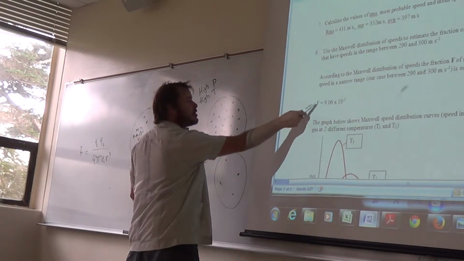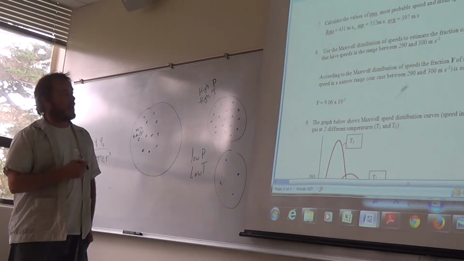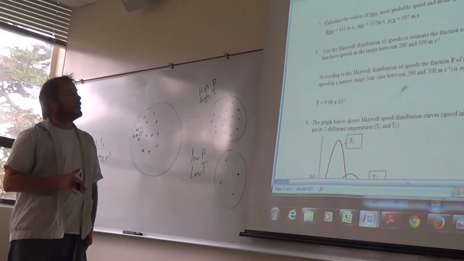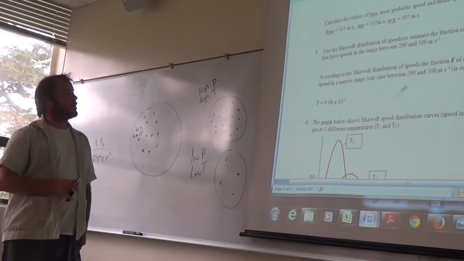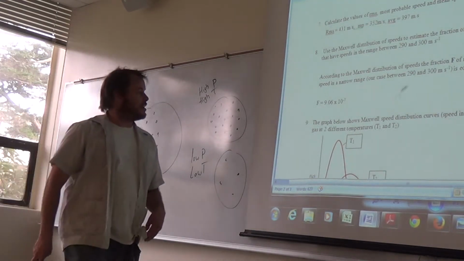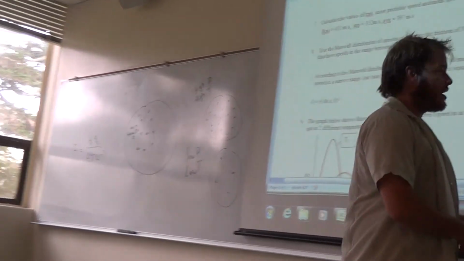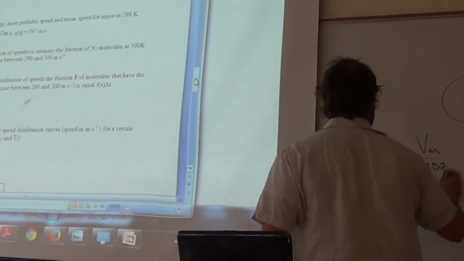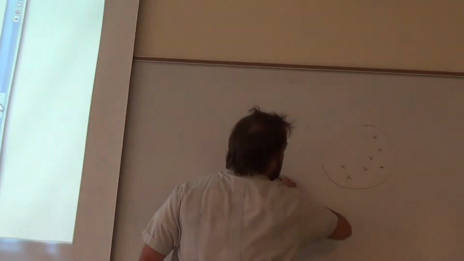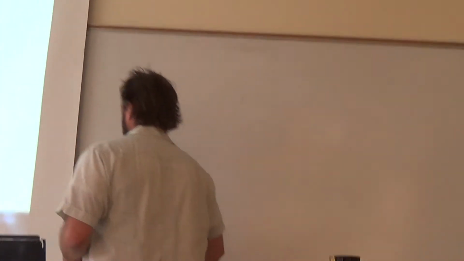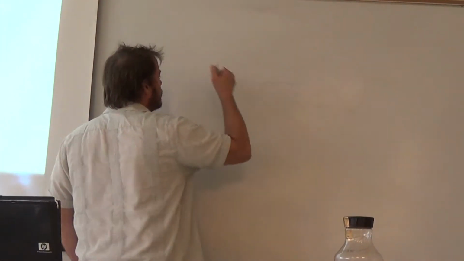Problem 8 is really tricky, and I almost don't even want to have this problem up there, but I didn't have time to write a new one to replace it, so it is there. What 8 asks you to do is this. You've got your Boltzmann distribution of molecular speeds.